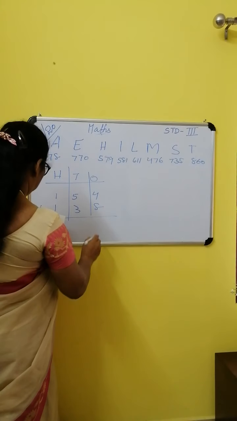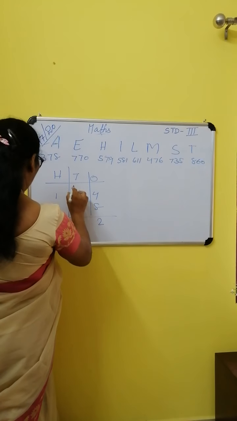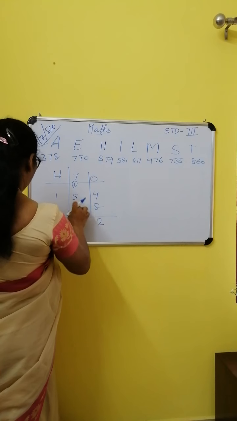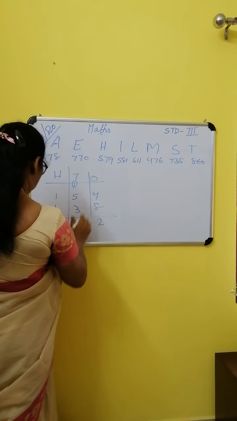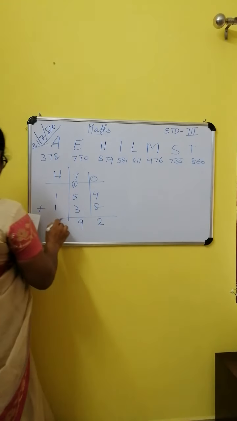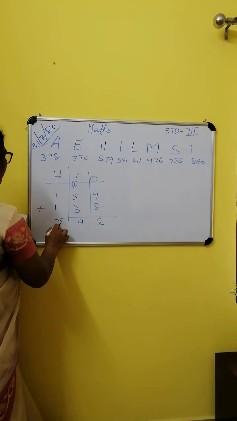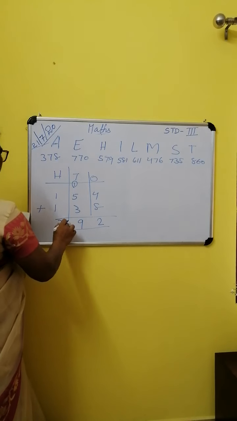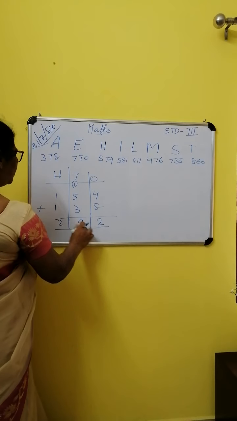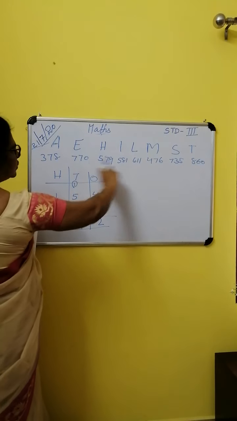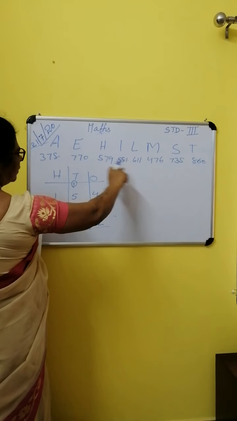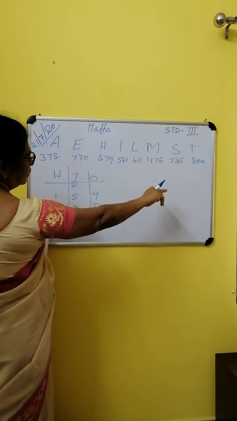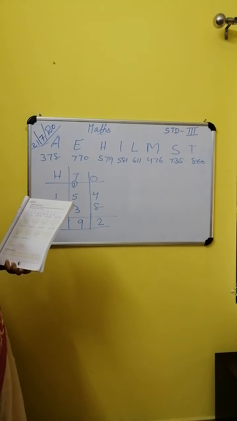Eight plus 3, 12. 1 remainder. 5 plus 3, 8 plus 1, 9. Then here 1 plus 1, 2. We got the answer 292 now. Find out where is 292. 292 is not there.